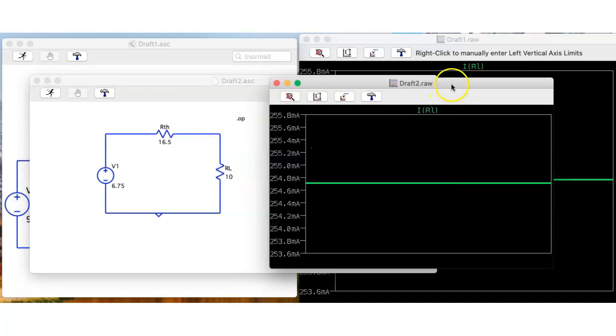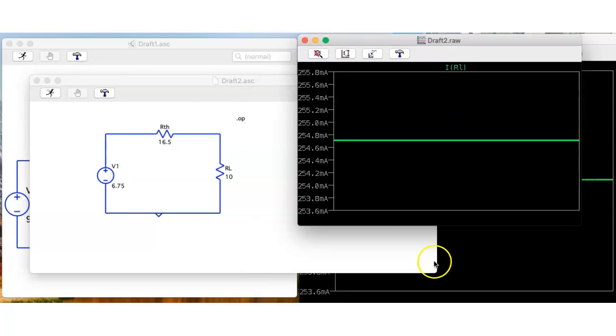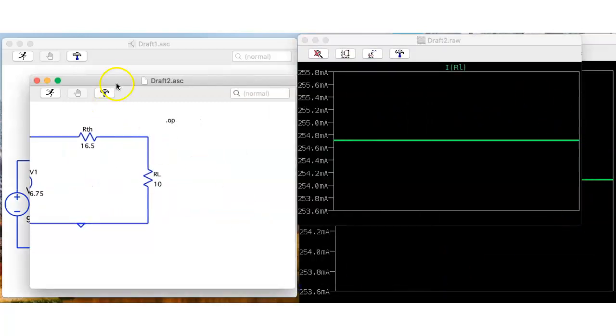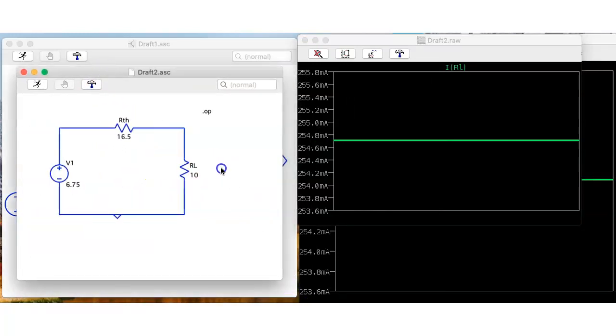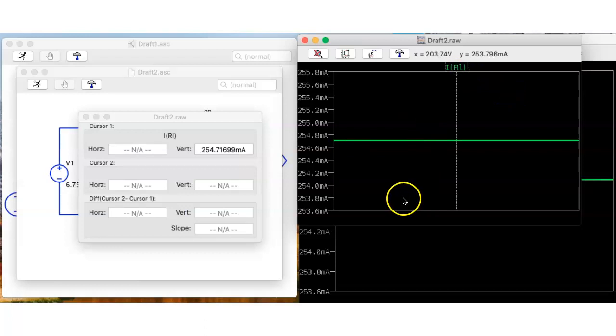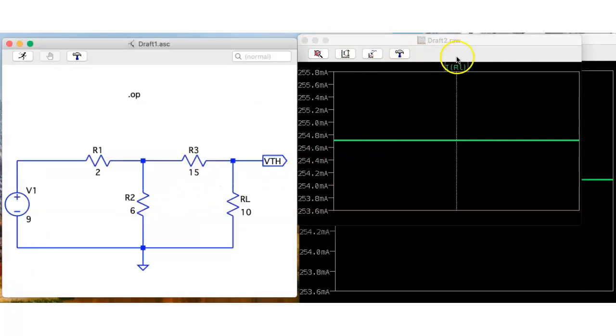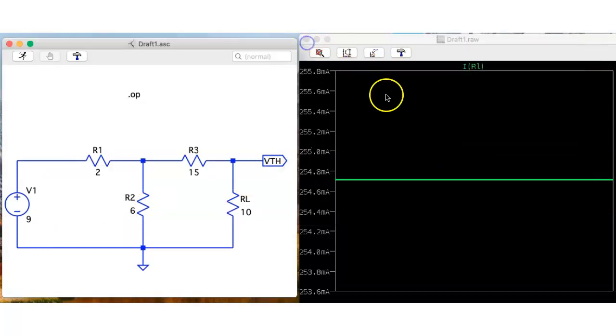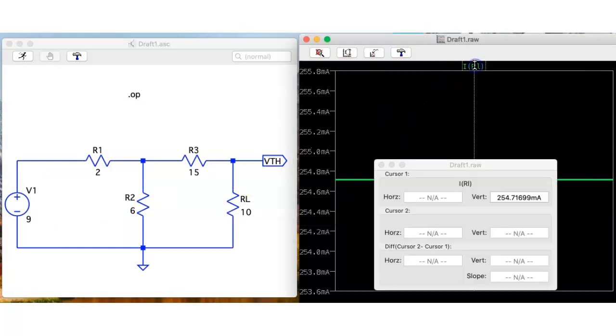This is a Thevenin equivalent circuit, and this graph is showing the load current in this Thevenin equivalent circuit, and the value of the load current is 254.7169, and in the previous circuit you can see the value of this is 254.7169.